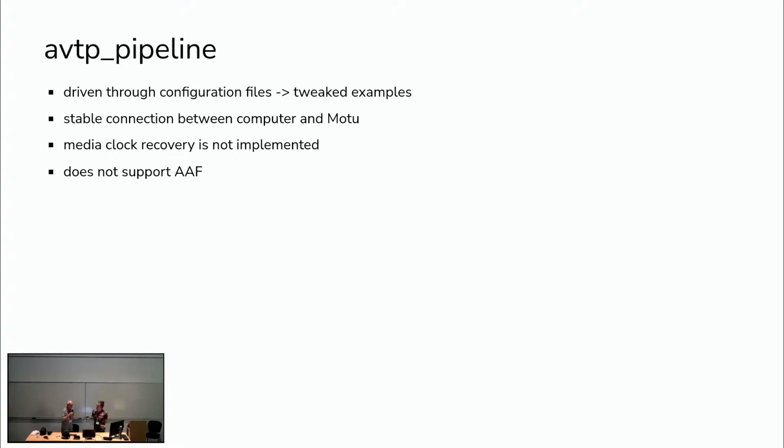Eventually, I found that media clock recovery was not implemented. So you get the samples in time to the other end of the connection, or you receive them perfectly. But if the clock rates of the devices are not in sync, you get problems. For example, sending from a computer to multiple audio streams would work for a while, then you would get some little noises because it goes out of sync, then it works for a while, then you get little noises, and so on.